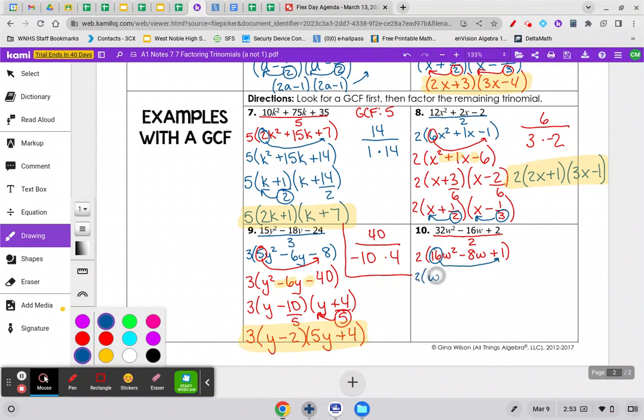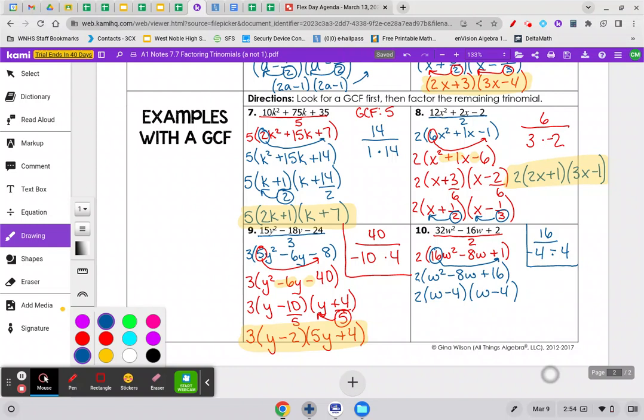So we have 2 parentheses w squared minus 8w plus 16. The factors of 16 that will give me negative 8 when added are 4 and 4 if they are both negative. So my factors here are w minus 4, w minus 4.